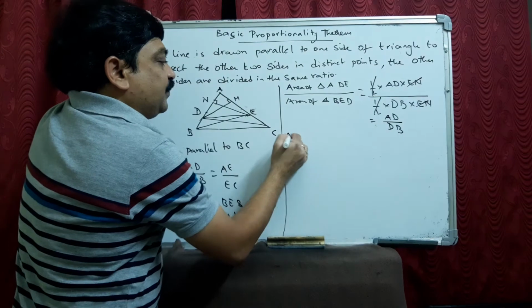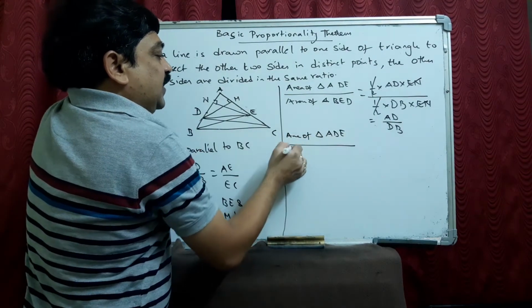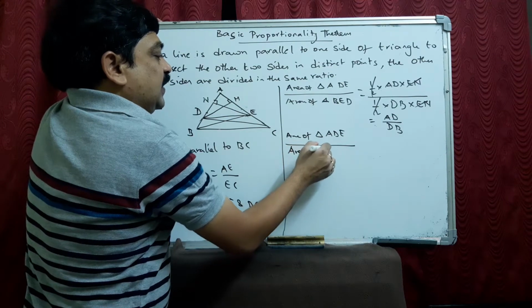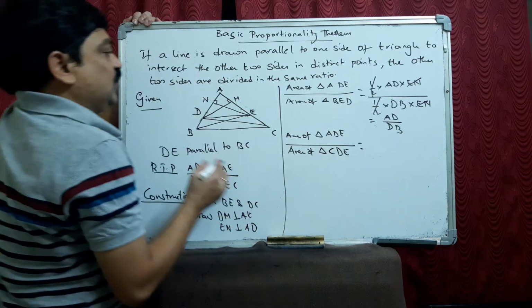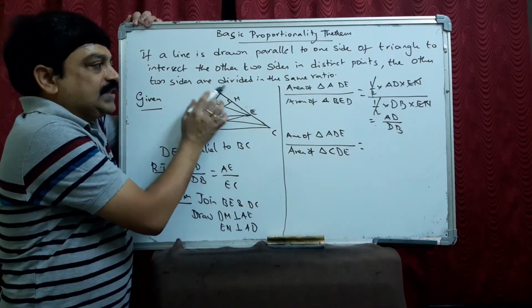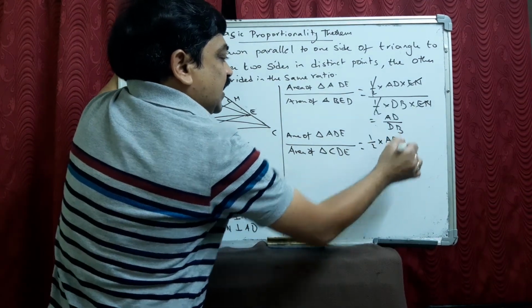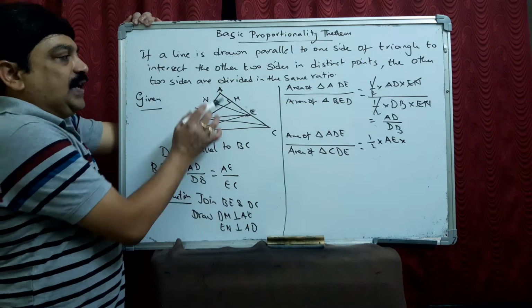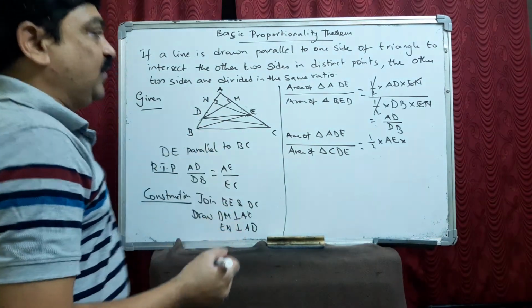In the same way, area of triangle ADE by area of triangle CED or CDE. Again I take area of triangle ADE, but now I take base as AE, half into base AE into height. If I take base as AE, height will be DM, because this is a perpendicular.